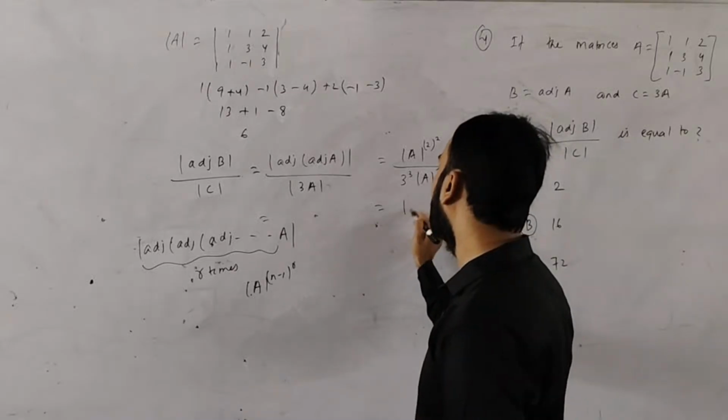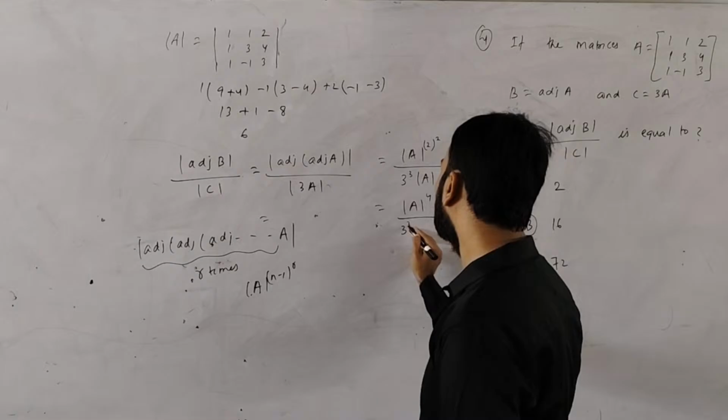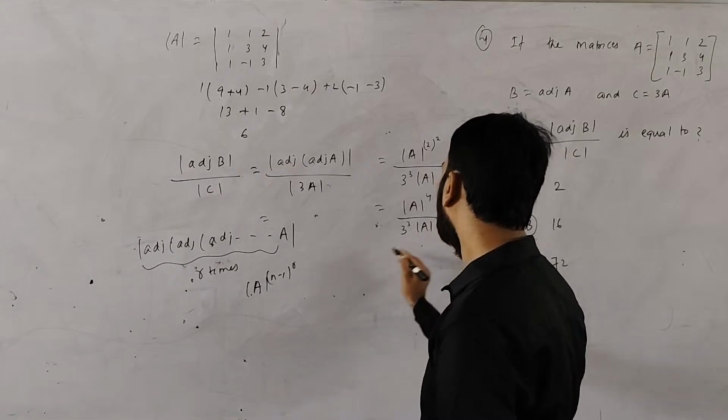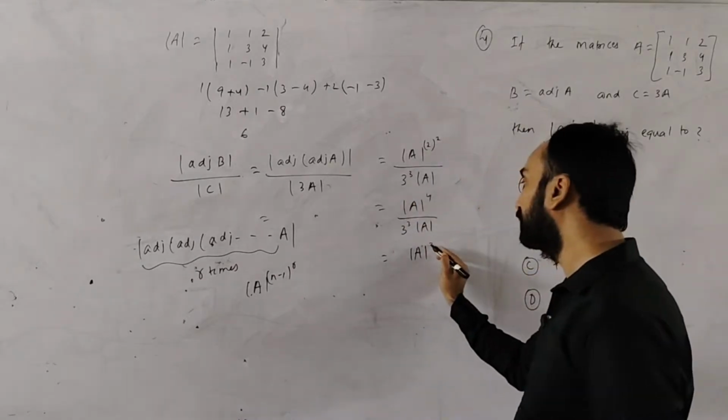Now this can be written as det of A to the power 4 divided by 3 cube times det of A, which can be written as det of A cube divided by 3 cube after cancelling. So how much is det of A?